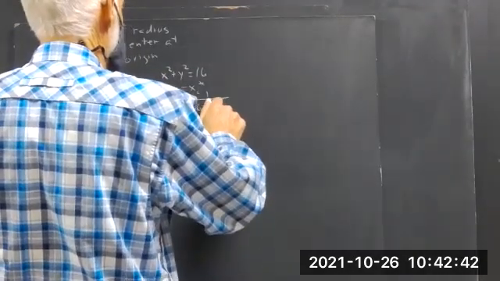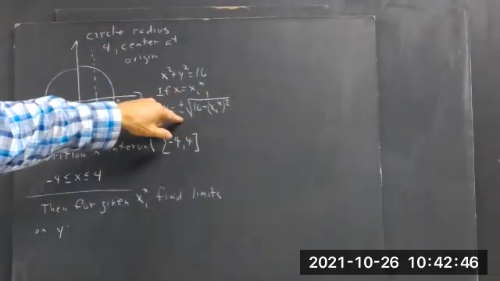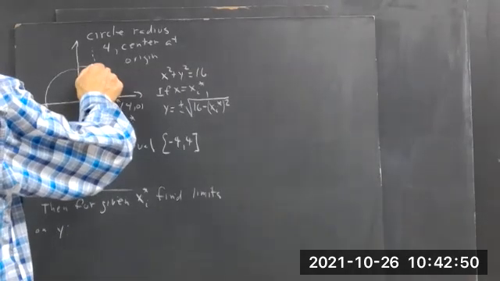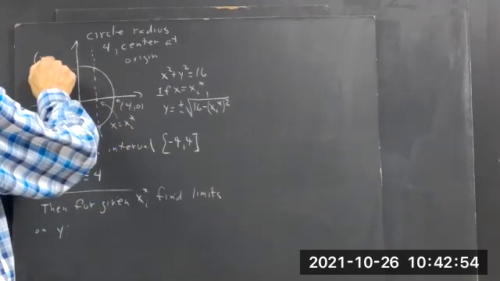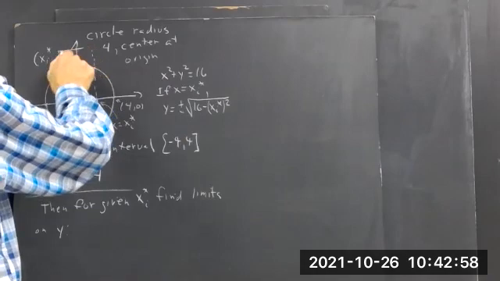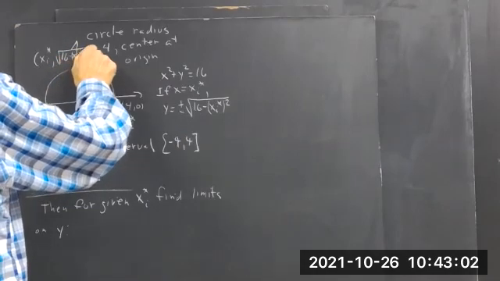So we just solve this, plugging in x equals xi star, and we get y equals plus or minus the square root of 16 minus xi star squared, meaning that you have a point up here and a point down here. So this would be xi star, square root of 16 minus xi star squared.